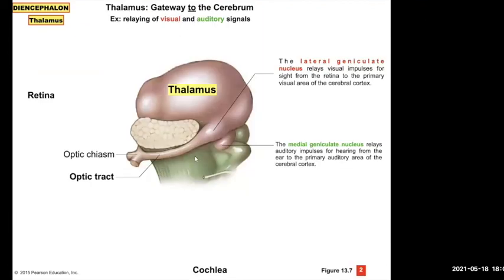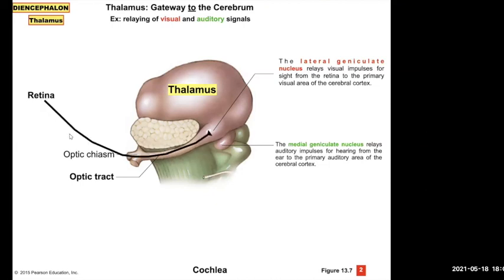So the thalamus, sitting right on top of the brainstem here, has all sorts of different nuclei that get information from a certain place and pass it to a certain place. The examples here are going to be this nucleus. This is one of two that I might ask about on a test, right? The lateral geniculate nucleus.